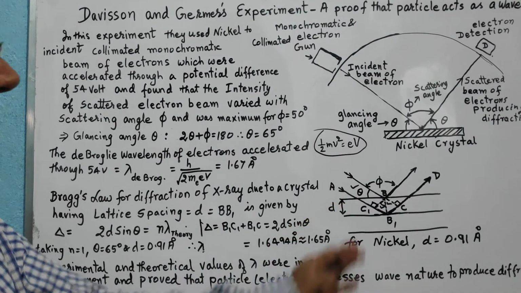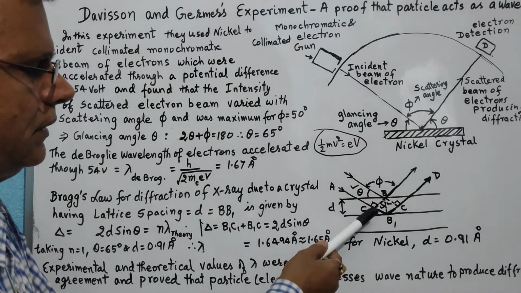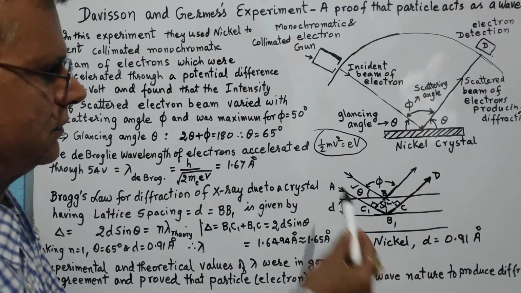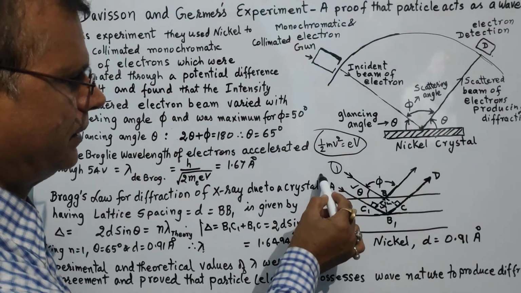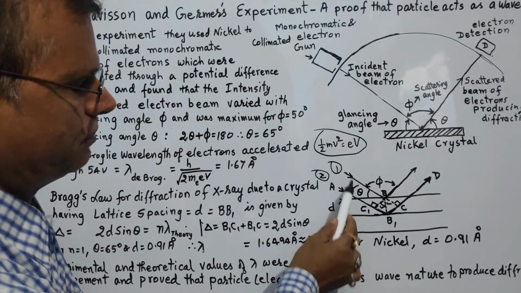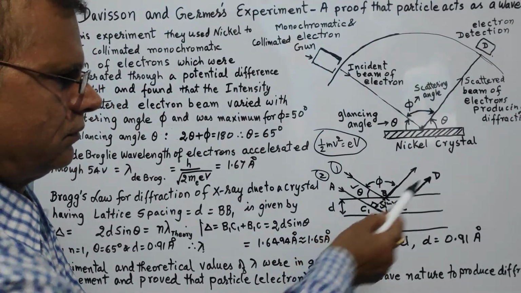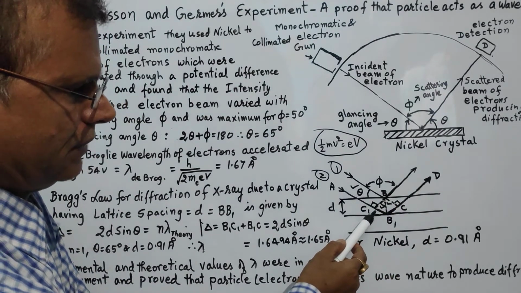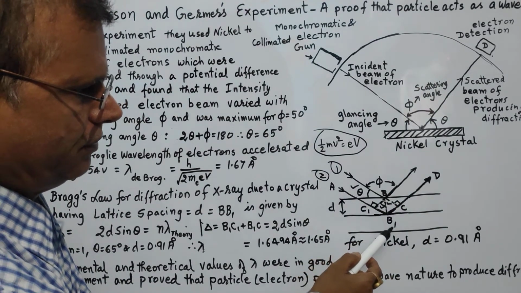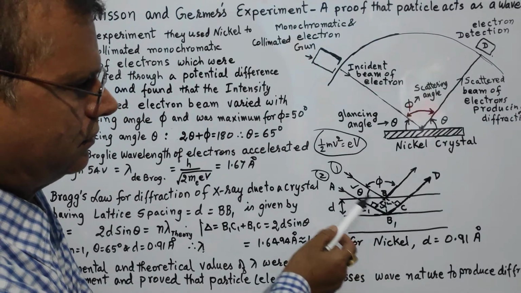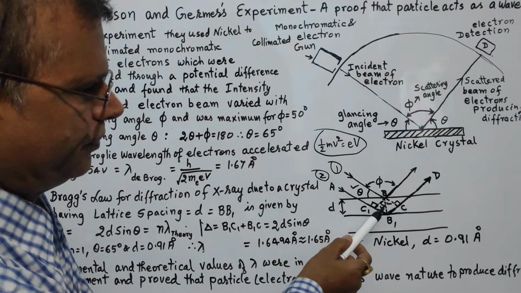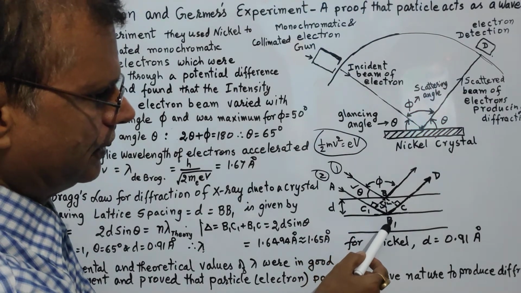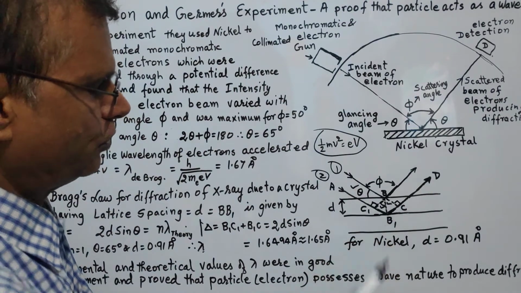Well, you see here you can find the path difference between these two rays, say let us call them ray 1 and ray 2. The path difference between ray 1 and ray 2 producing some diffraction pattern over here is nothing but C1B1 plus B1C. Now we have this angle theta, therefore the angle C1BB1 will also be theta and B1BC will also be theta.